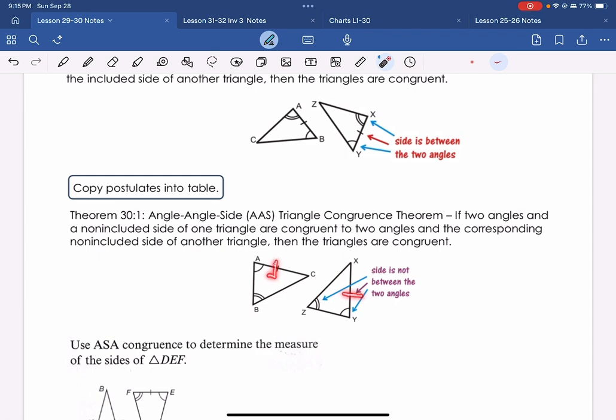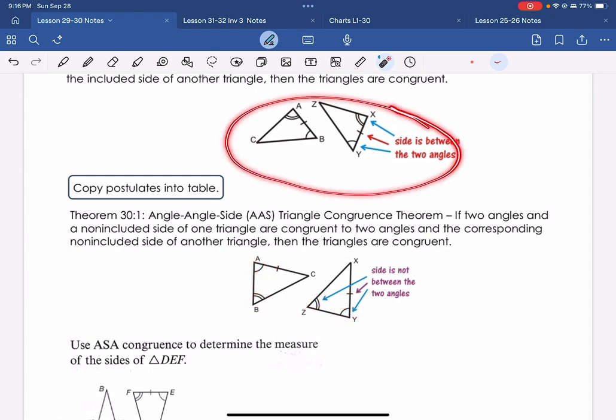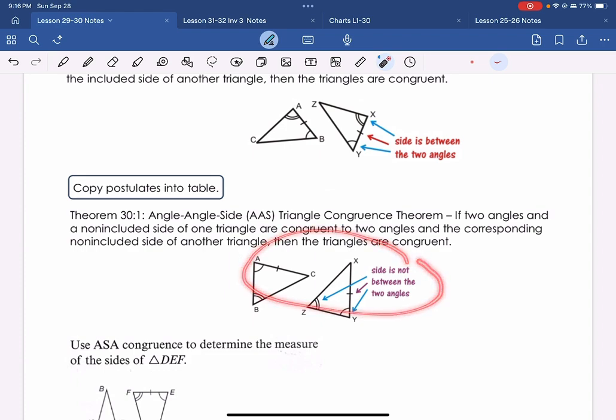They're on the outside. So here we have angle, angle, side. One more time: angle, angle, side. So this one up here is angle, side, angle. This one down here is angle, angle, side.